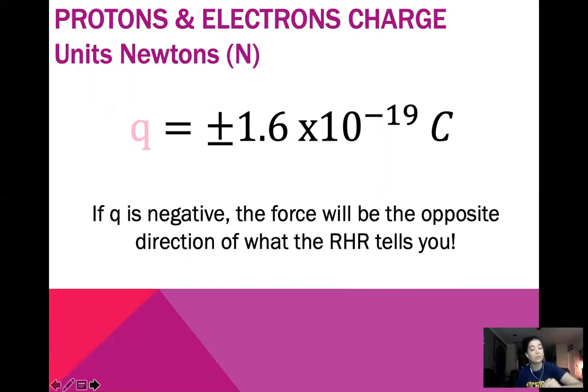So if you are given a negative charge, you still use your right-hand rule, and for example, if the force says it's going up, but my charge is negative, I just need to flip it at the very end and say it's down. If you've got a negative Q, just take the opposite direction of what your right-hand rule will tell you. Easy peasy.